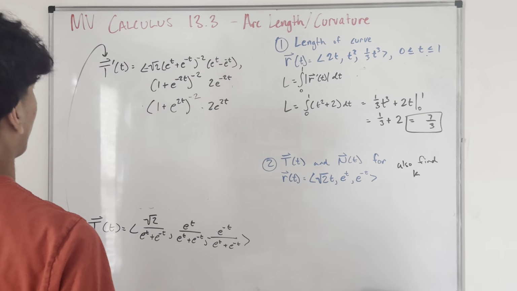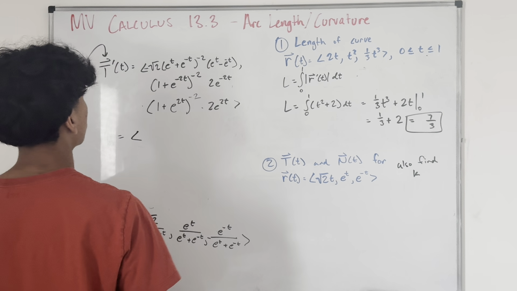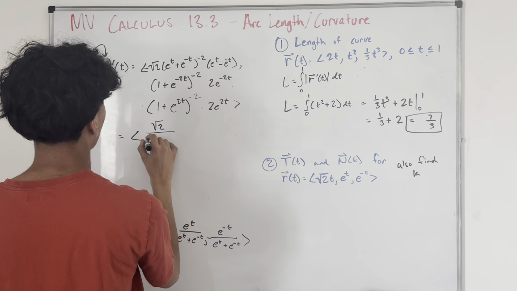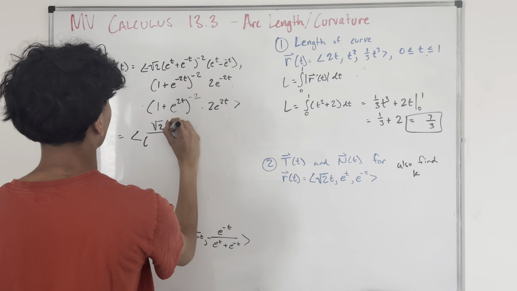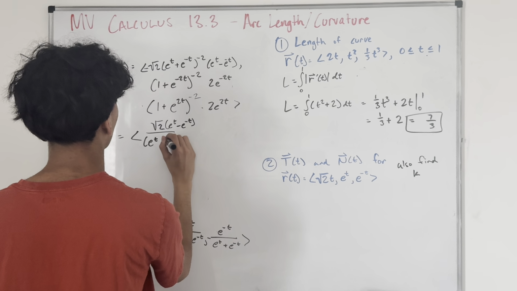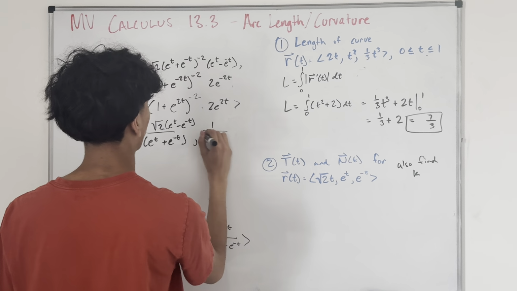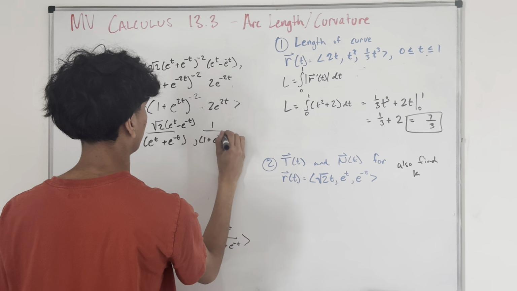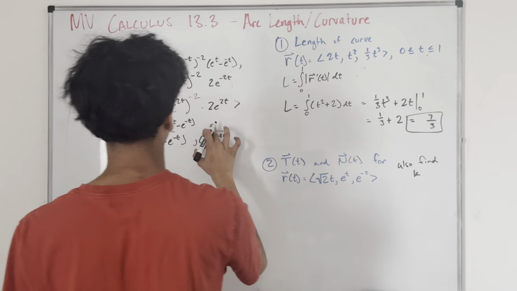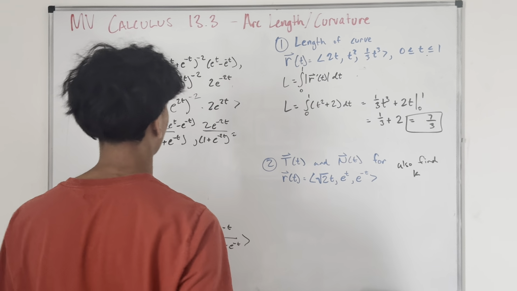Okay. Oh my god, now this is kind of crazy. I'm going to get root 2 times e to the t minus e to the negative t over e to the t plus e to the negative t. And then I get 1 over 1 plus e to the negative 2t, or I get 2e to the negative 2t over this stuff.